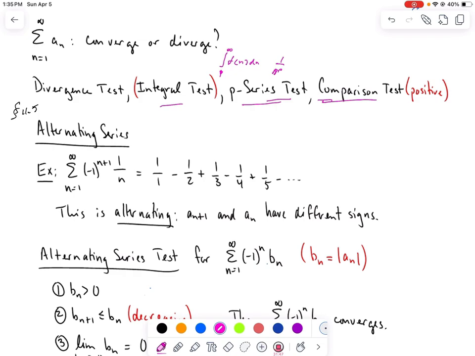So what is an alternating series? It is a series like the example here, where you have -1 raised to some power and then some quantity, in this case 1 over n. If we expand this series, it looks like 1 minus 1/2 plus 1/3 minus 1/4 and so on.